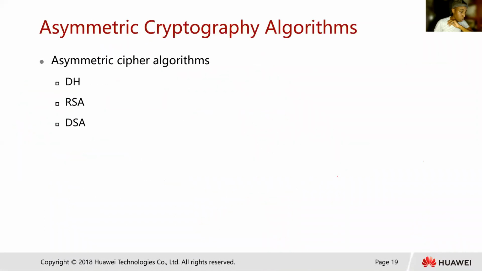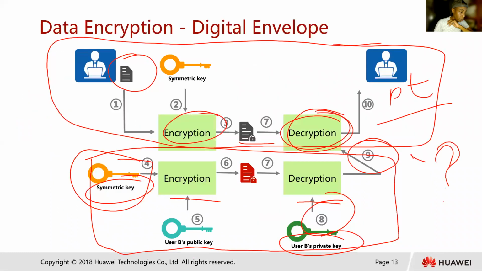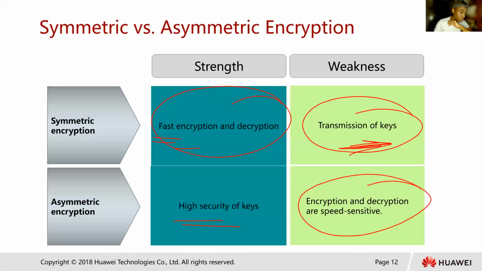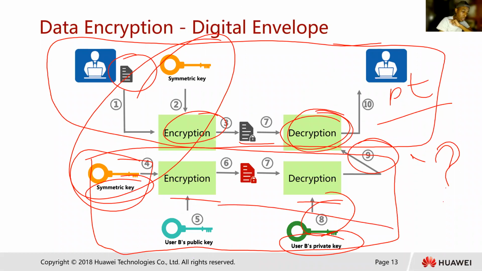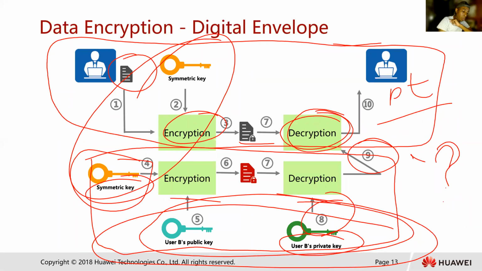So if you're being asked about digital envelopes, and you remember the diagram, you'll see that we have the process of symmetric encryption, because you have this symmetric key. And then you also have the process of asymmetric encryption because of the public key and the private key.